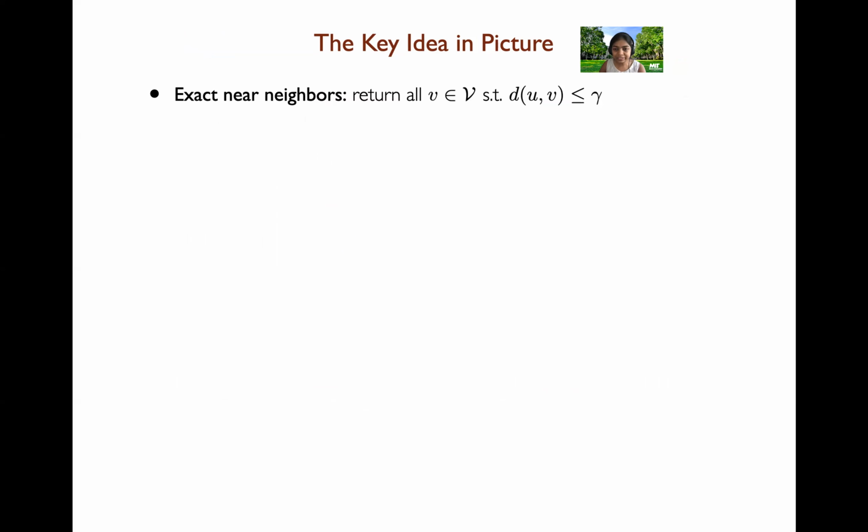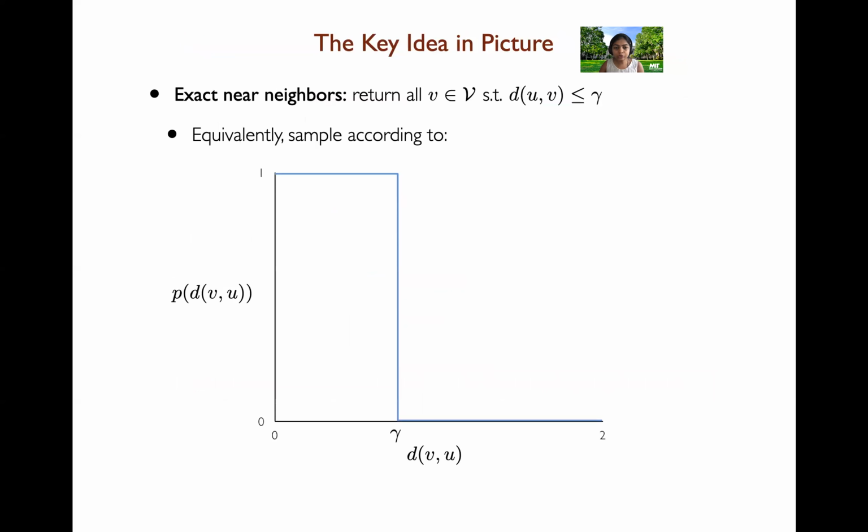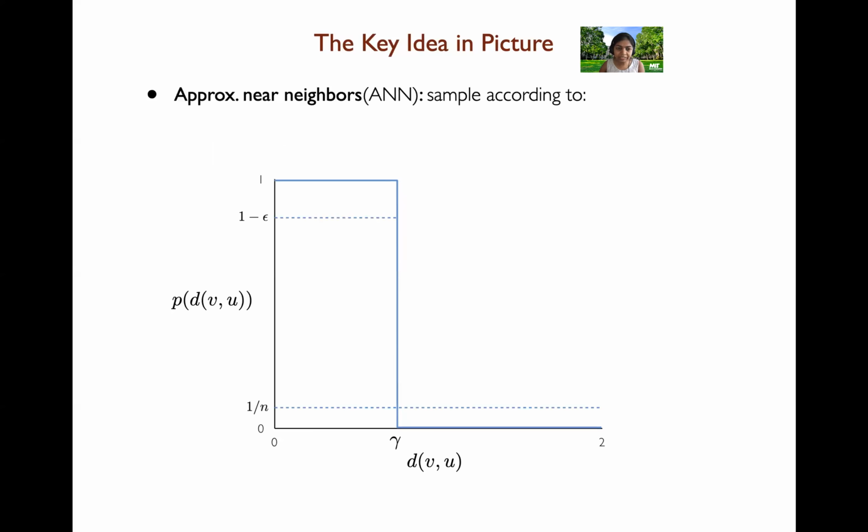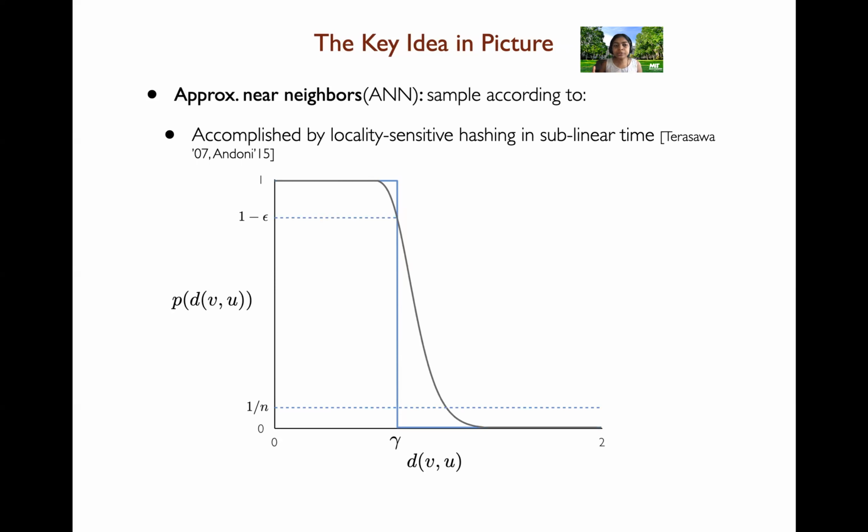The idea is that you return each product which is within a distance gamma with probability 1, and any product which is farther away, you return with probability 0. Approximate near neighbors just generalize this idea and say that you return any product within distance gamma with a high enough probability, and return the rest of the products with probability less than 1 over n. Decades of research in this field of approximate near neighbors has established that this can be done in sublinear time.